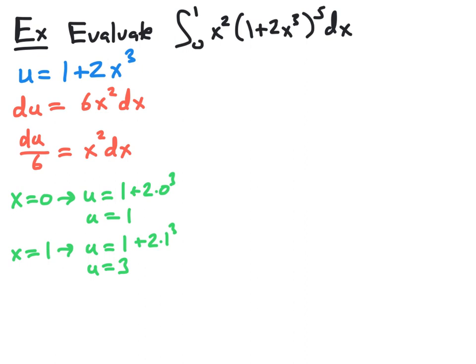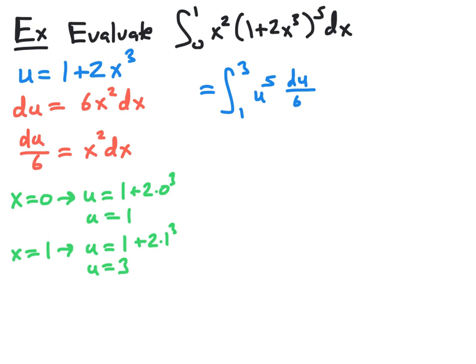Now, substituting all of these values into our given integral, we're going to have the integral from 1 to 3 of u to the fifth power times du over 6. And so we've substituted in both our values of u for the endpoints of our interval, going from 1 to 3 in terms of u.